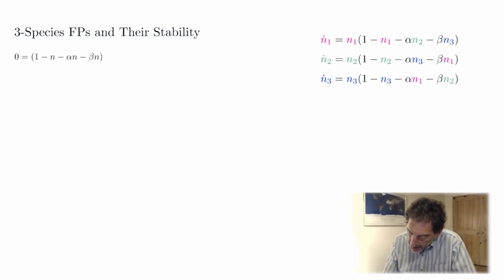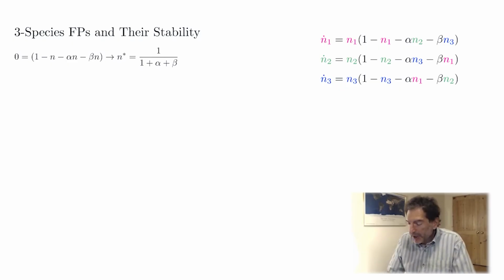And from this, we get that n star is equal to 1 over (1 plus alpha plus beta). So we see that when all three species are present, their densities are less than 1. They're less than 1 because of this competition parameterized by these two parameters, alpha and beta. As alpha and beta increase, the density of the three competing species is reduced because of the competition.